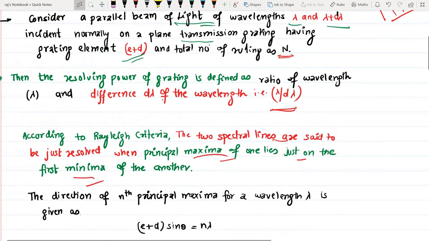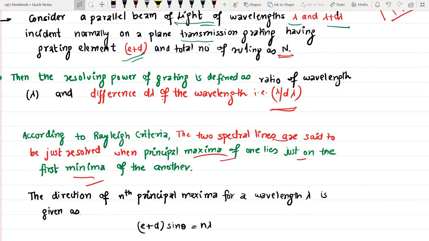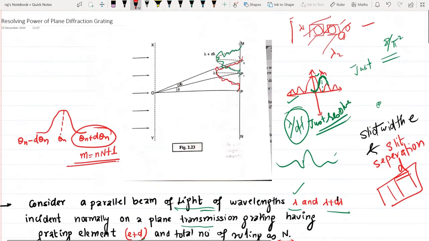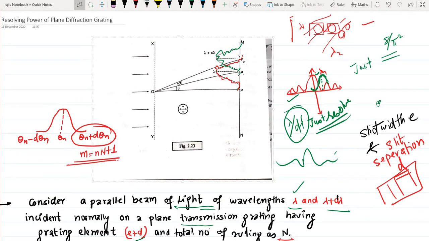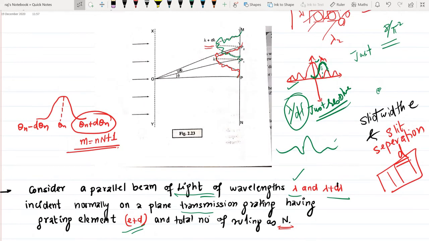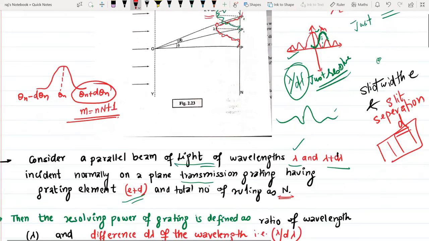As we have already seen, the direction of the nth principal maxima of wavelength lambda is given as (e plus d) sine theta is equal to n lambda. This is for lambda, the red one, and for the green one we have the wavelength lambda plus d lambda. So we replace lambda with lambda plus d lambda and theta with theta plus d theta.